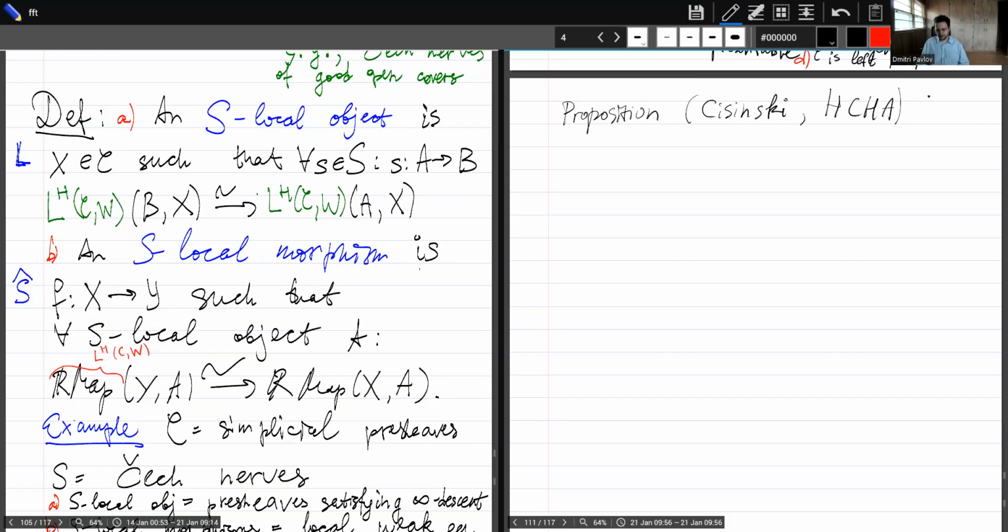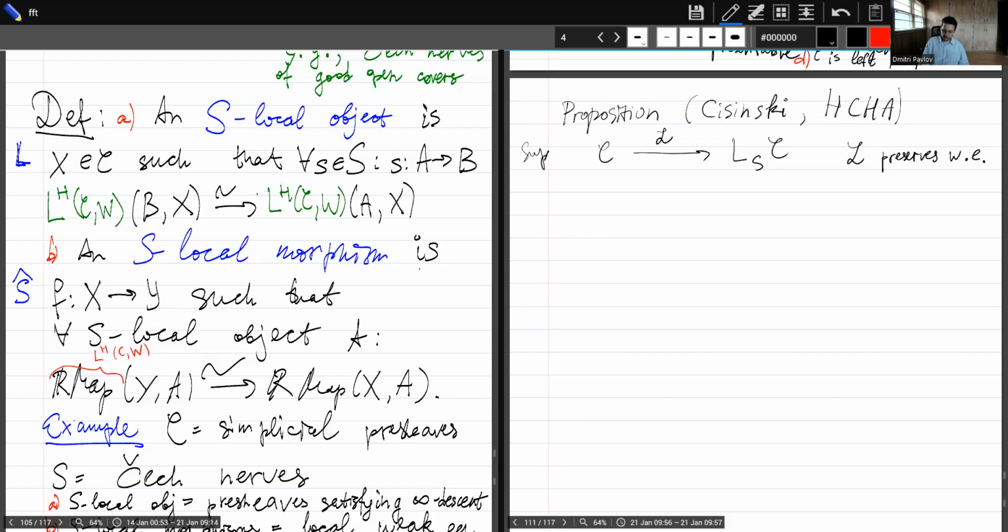And one way to formulate this proposition is to say that if I have my left Bousfield localization, this will be a functor, a left equivalent functor. In fact, it preserves weak equivalences. So there is no need to derive it because the derived functor will be weakly equivalent to the original functor. So we can take L as its own derived functor, and L, of course, induces a functor of quasi-categories.